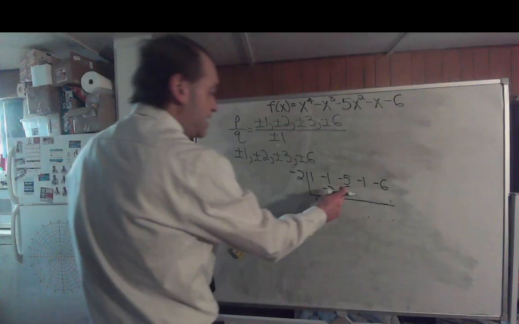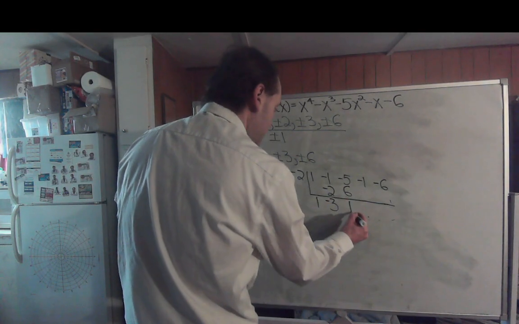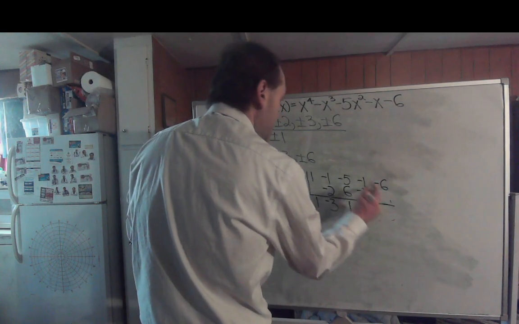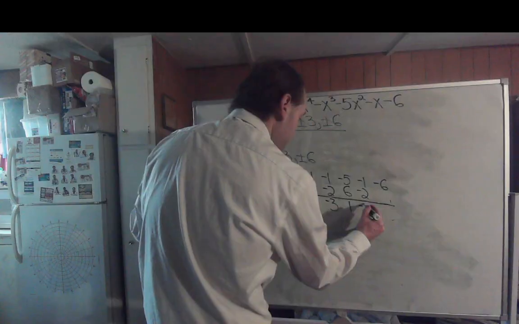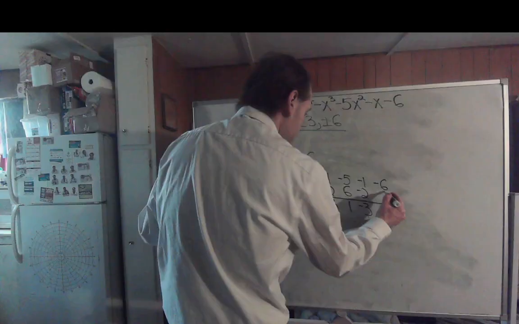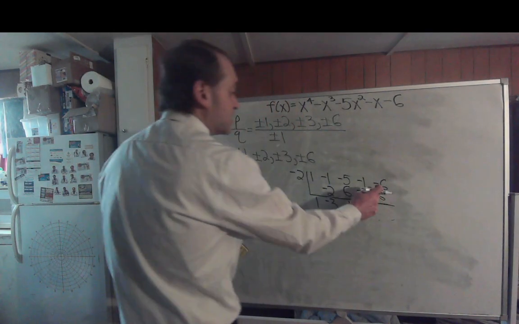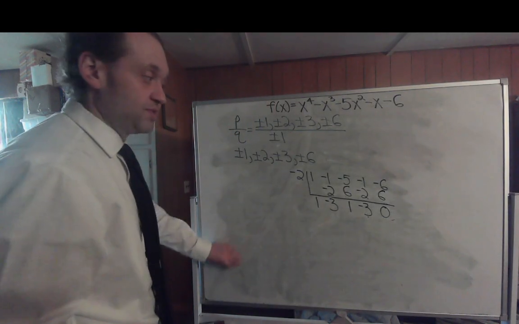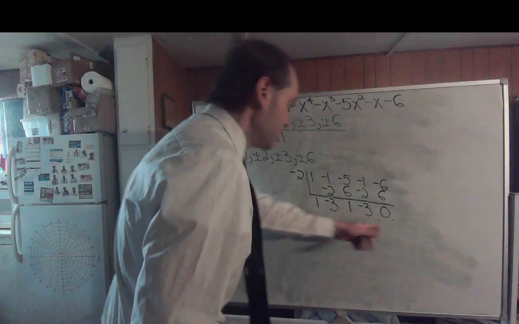Well, -5 plus 6 is +1. -2 times 1 is -2. -1 minus 2 is actually -3. -2 times -3 is +6. Well, -6 plus 6 is 0. So -2 is the rational zero that's going to work since we got a remainder of 0.